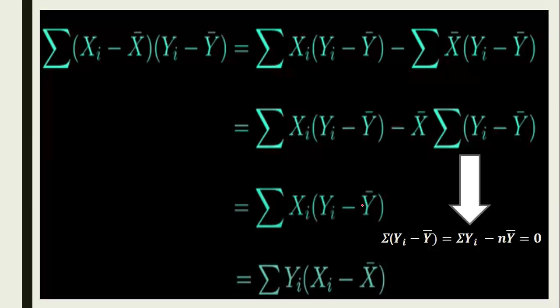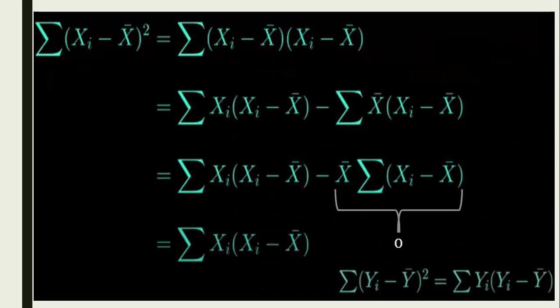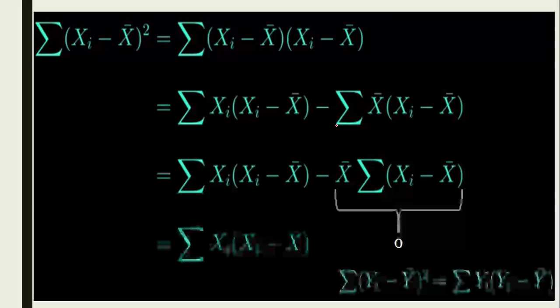Also note that we could easily swap the roles of x and y, so it is also equal to the sum of yi times xi minus x bar. So this identity comes in handy in some proofs and derivations. Similarly, the sum of squares of x can be written like this.